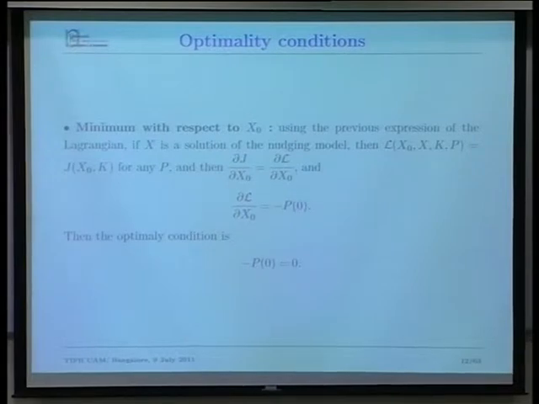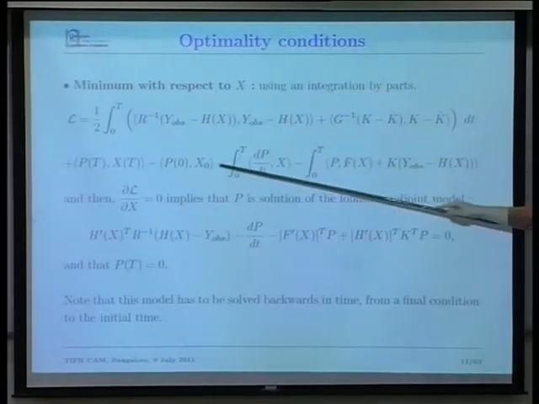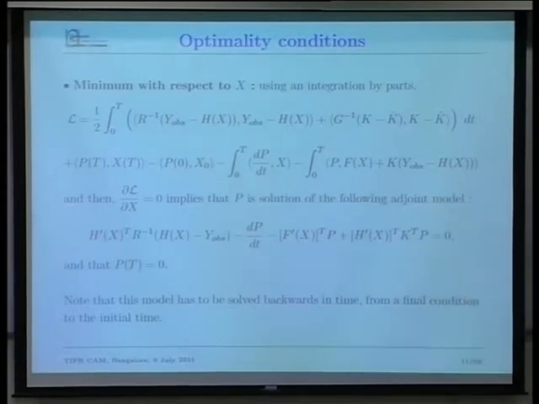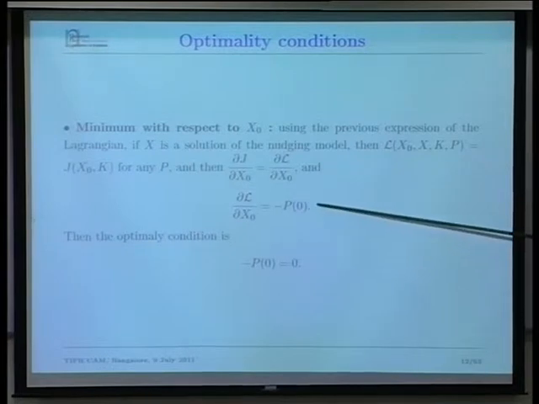So now the minimum on x naught is standard. I just get back to this expression, and x naught is there only, so the derivative of L is minus p of 0. It's the same, nothing changed in comparison with the standard 4D-Var.